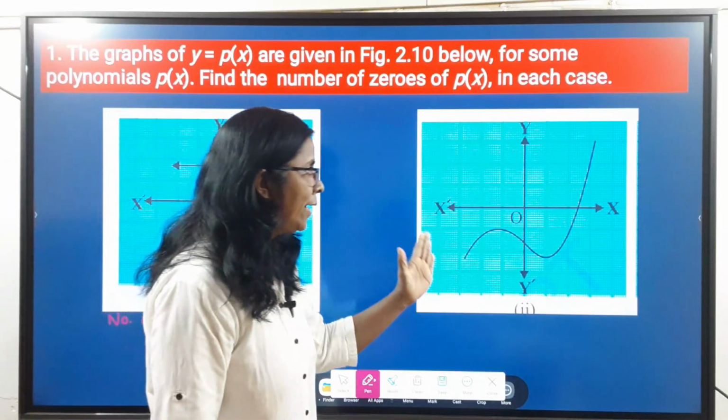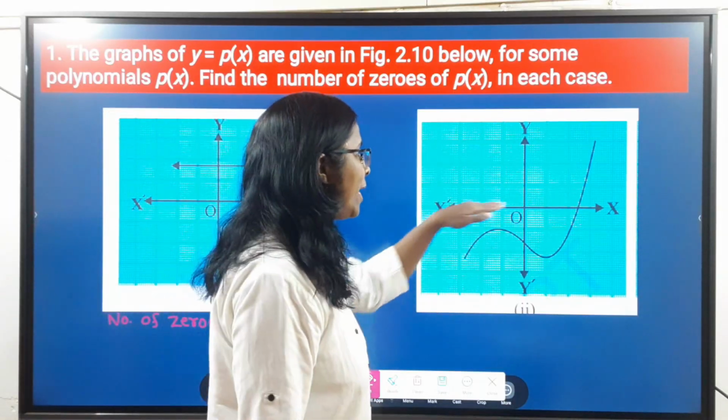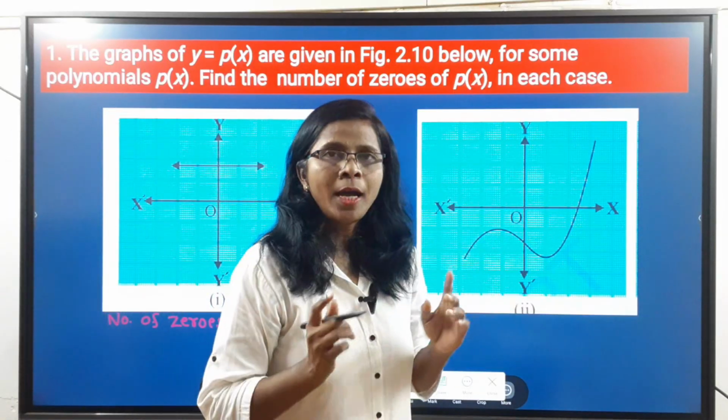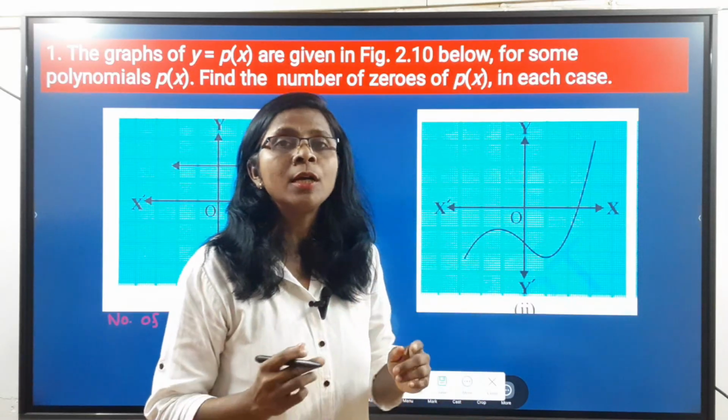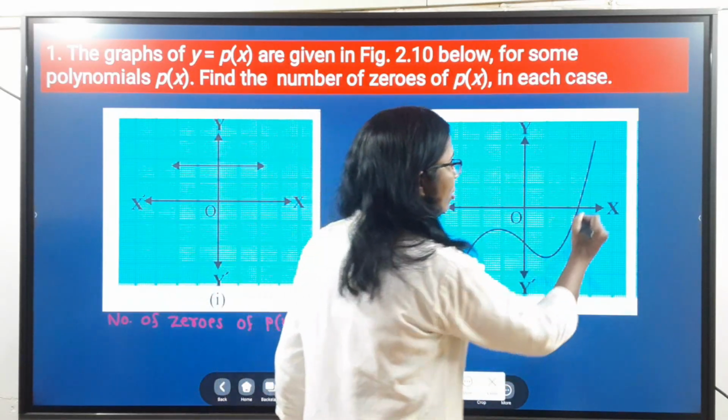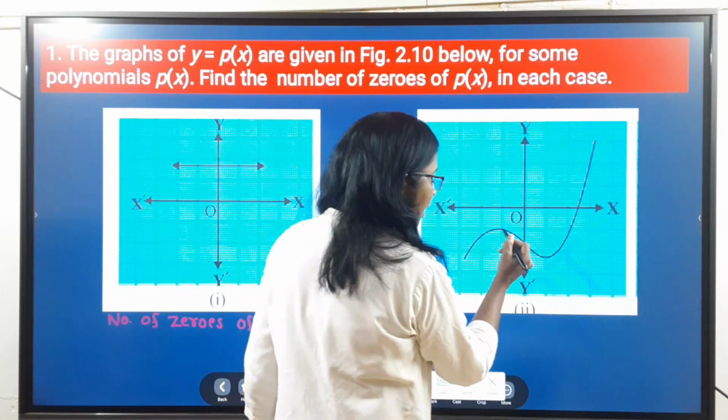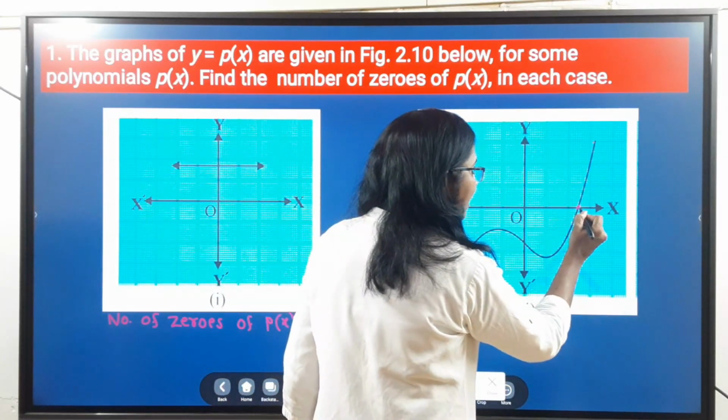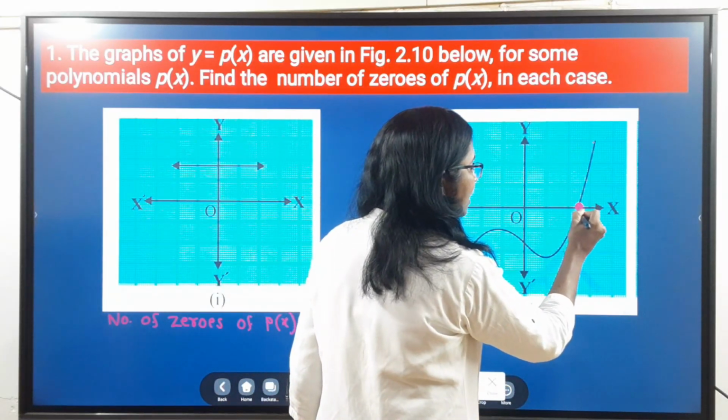Now here the second example. So this is the x-axis, this is the y-axis. Other than the x and y-axis, there is a curved line students. This curved line, see here, intersects the x-axis at this point.